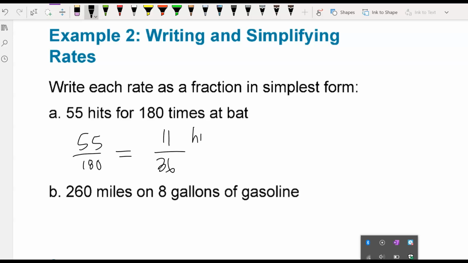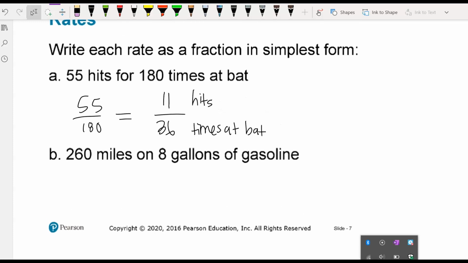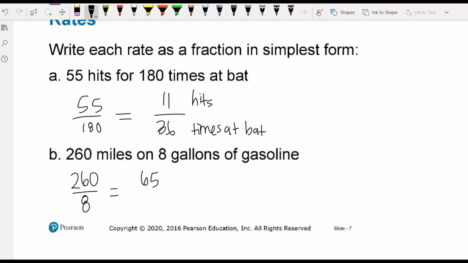So it'd be 11 hits for every 36 times at bat. All right, 260 miles on 8 gallons of gasoline. So 260 over 8, which reduces by 4. So 65 over 2. So 65 miles for every 2 gallons of gas.